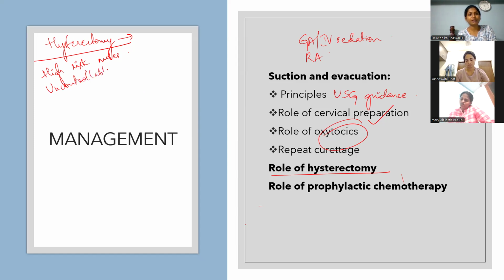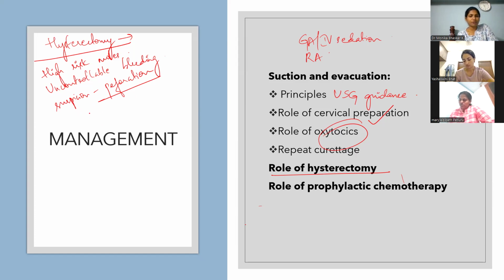So when you are not able to control the bleeding, and there is heavy bleeding immediately after evacuation, and if there is any suspicion of perforation, you open and you see there is a perforation and you cannot repair it, then also you have to go ahead with hysterectomy.